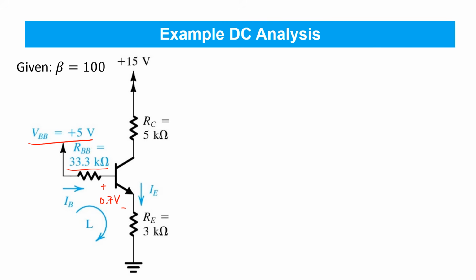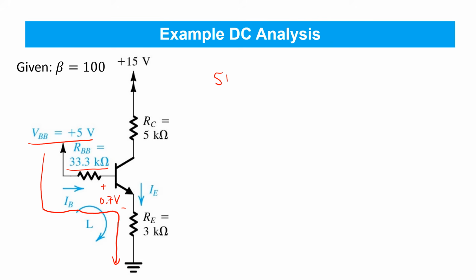So we're going to do a kind of mesh analysis here by equating the voltage drop through this path, from, I think it's better drawn this way, from VBB through the resistor RBB, through the base emitter junction and down to ground. We know that that voltage drop is 5 volts. So we can write an expression there.